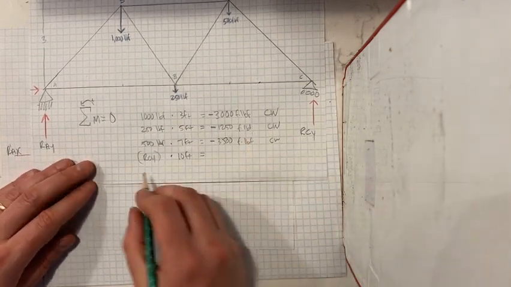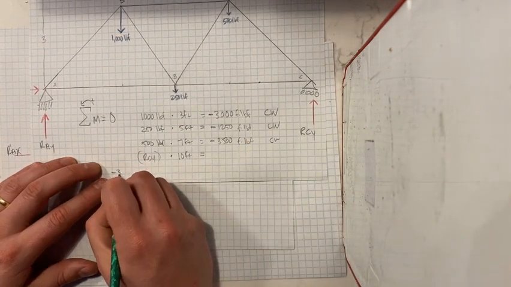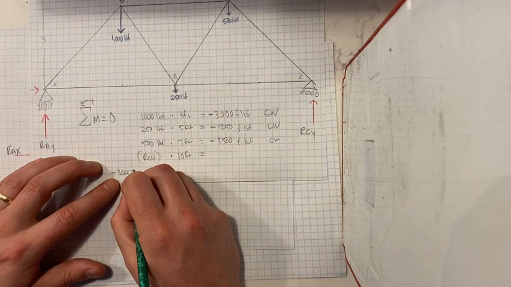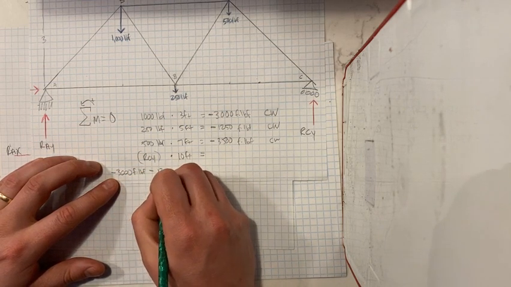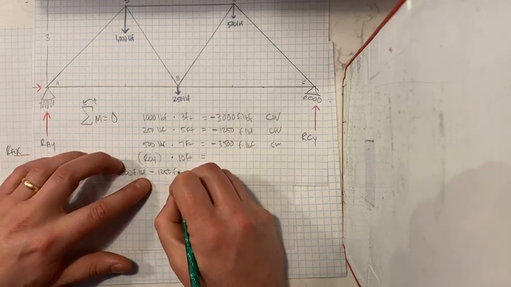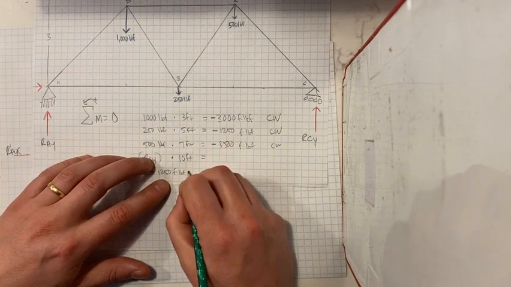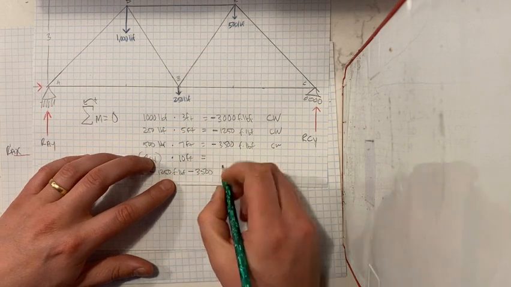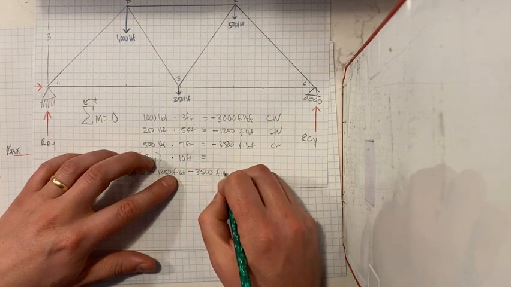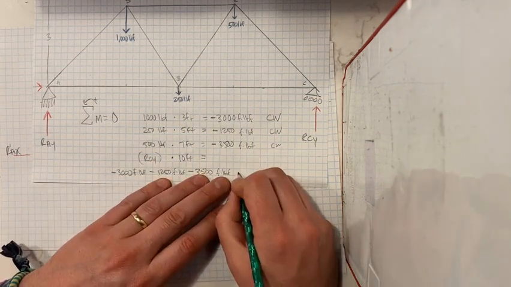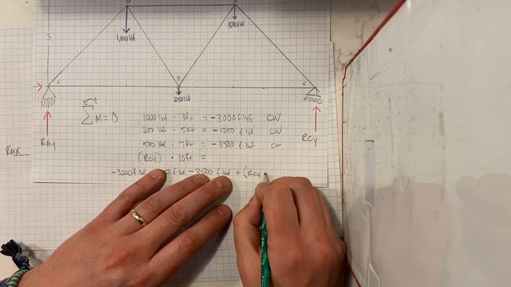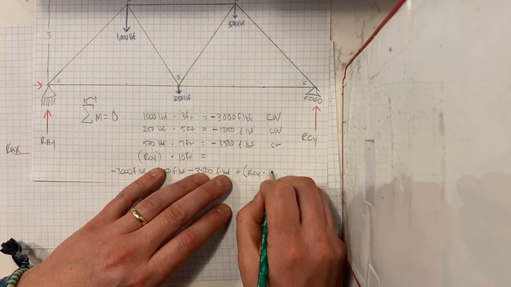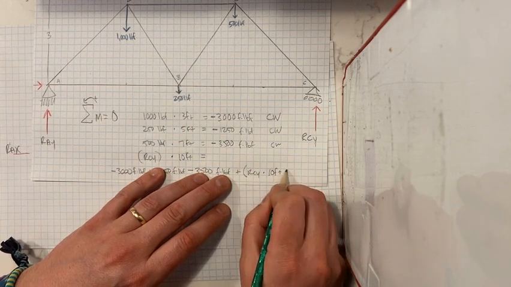All right, so I'm going to rewrite this as negative 3,000 feet times pounds of force, minus 1,250 feet times pounds of force, minus 3,500 feet times pounds of force, plus whatever RCY times 10 feet is going to be.